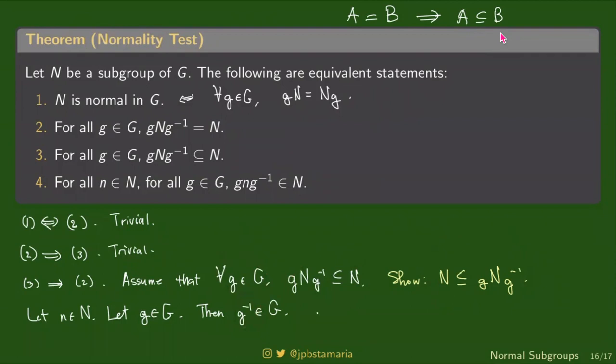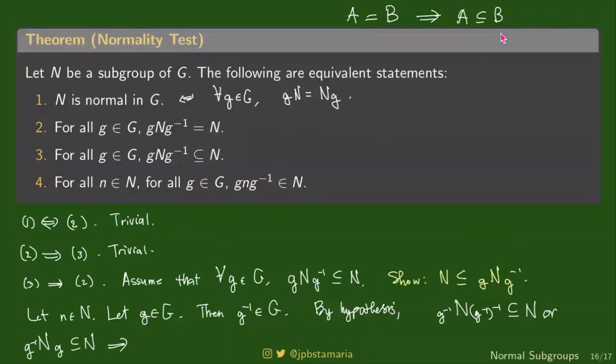So, by hypothesis, G inverse N G inverse inverse is still a subset of N. Right? Or you can say G inverse N G is a subset of N.